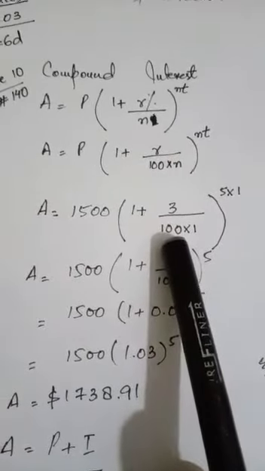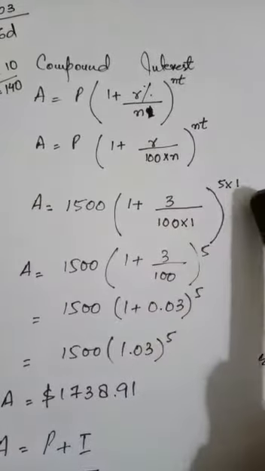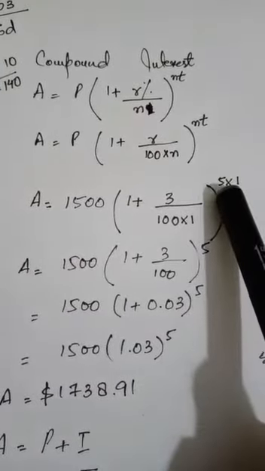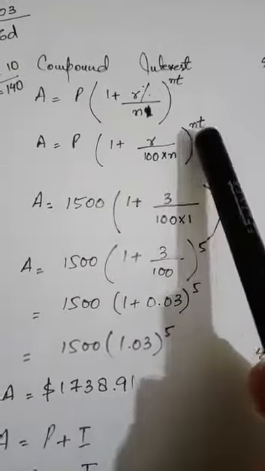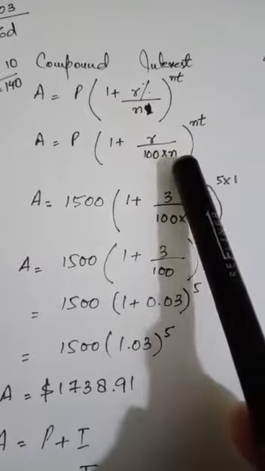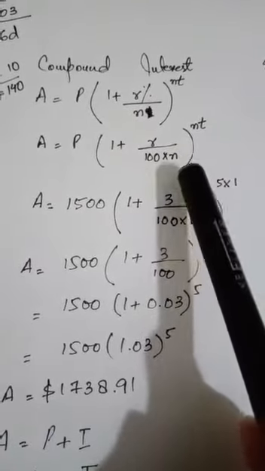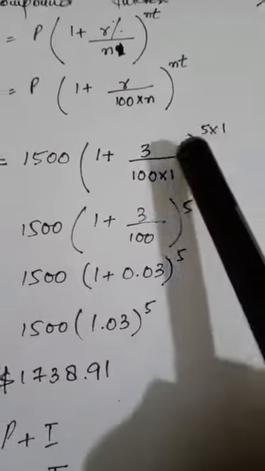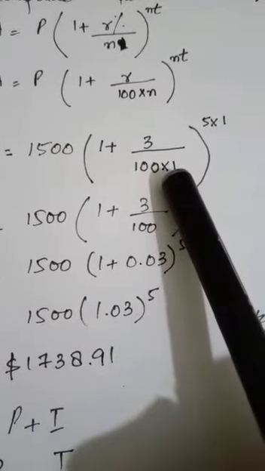Then how many years is given in the question? 5 years. Then in place of n, what we will write is how many times the interest is compounded. So here, as it is given compounded annually, annually means once in a year, so that's why in the power we have written 1 and in the denominator also we have written 1.